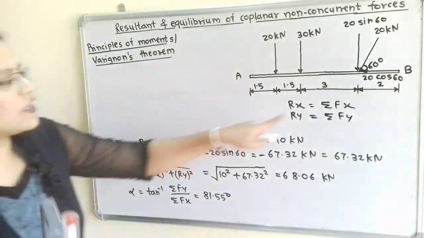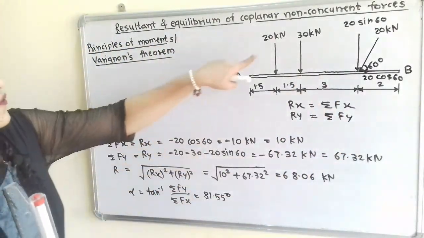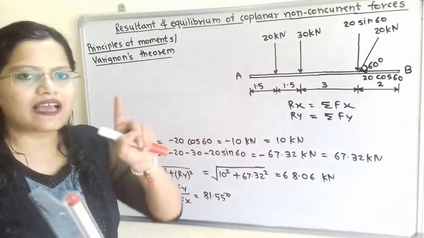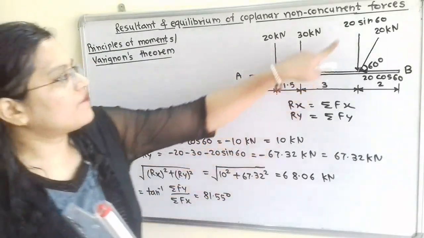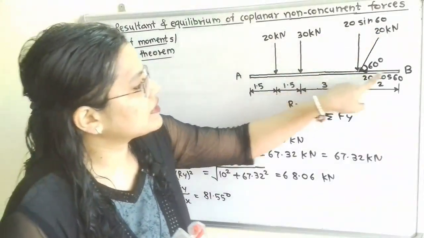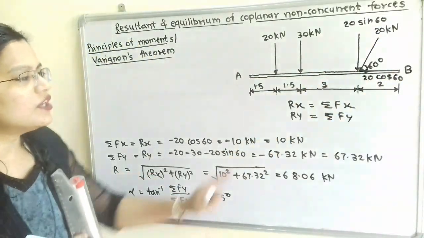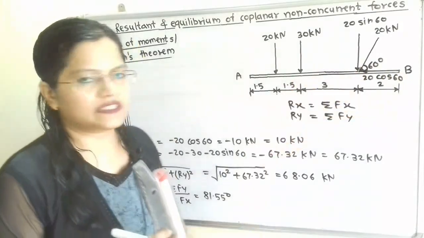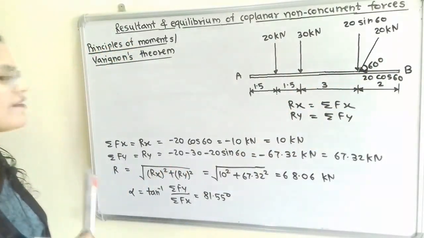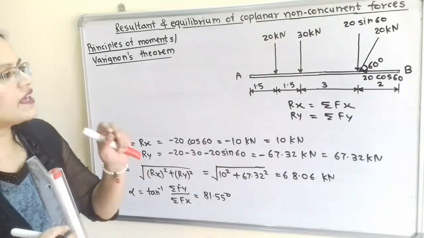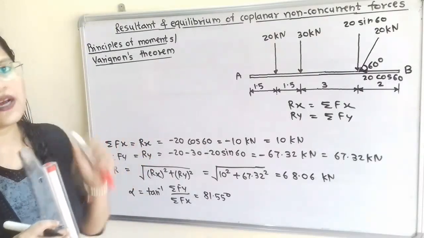How do we find the summation of Fx? For these two forces, the horizontal component is 0 because these two are vertical forces. For this 20 kilonewton force, here is the horizontal component, 20 cos 60. So summation of Fx is equal to 20 cos 60. The important thing here is the sign.